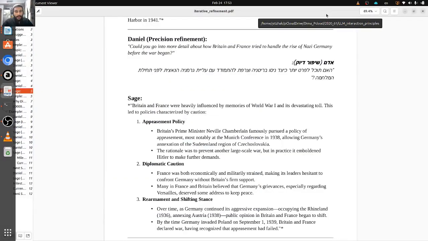Now, since Daniel is primarily interested in the causal role of Britain and France with relation to World War II, in the first refinement iteration, he prompts Sage to direct his attention towards the practices and policies of these two allies.